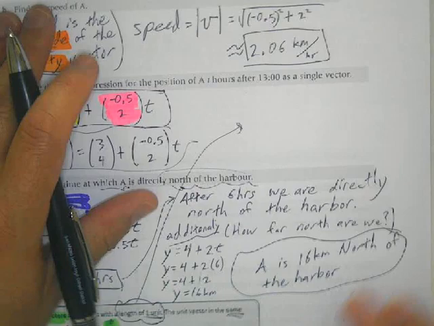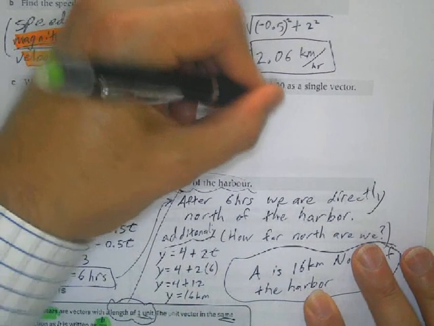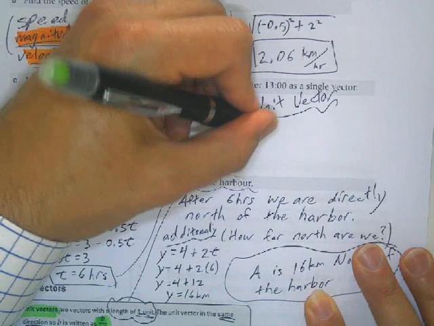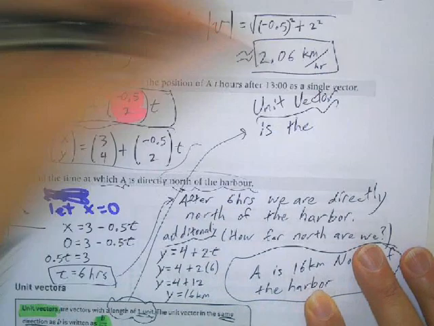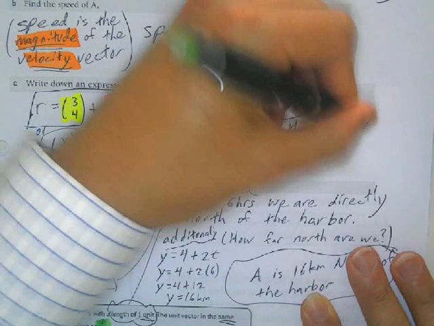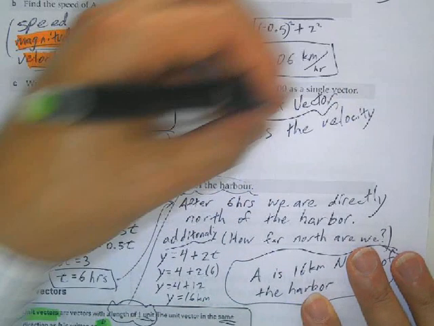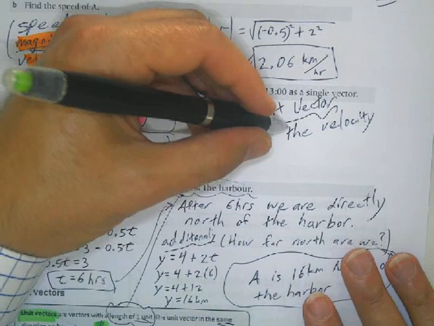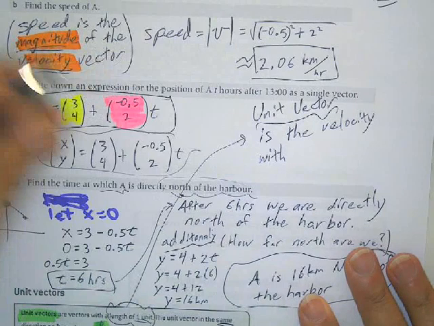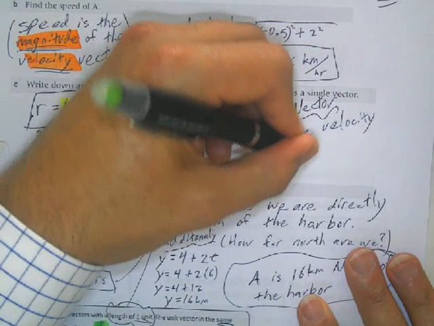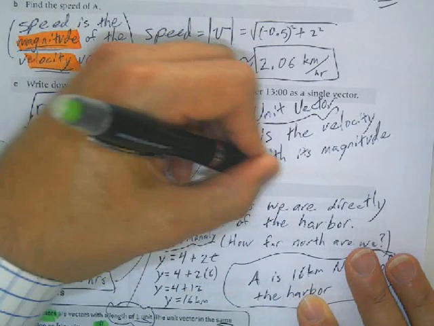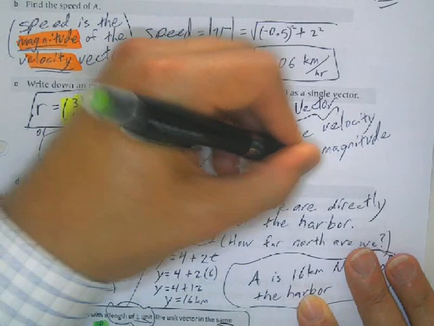The unit vector is the velocity with its magnitude equal to 1.